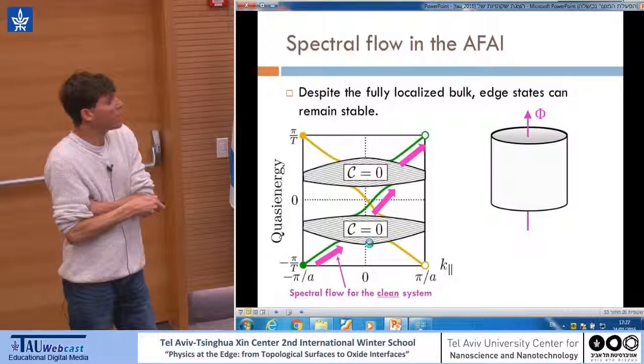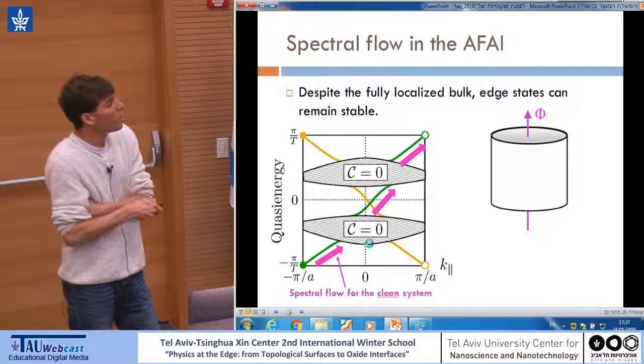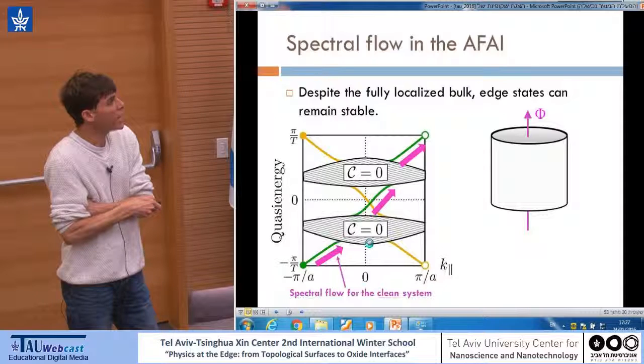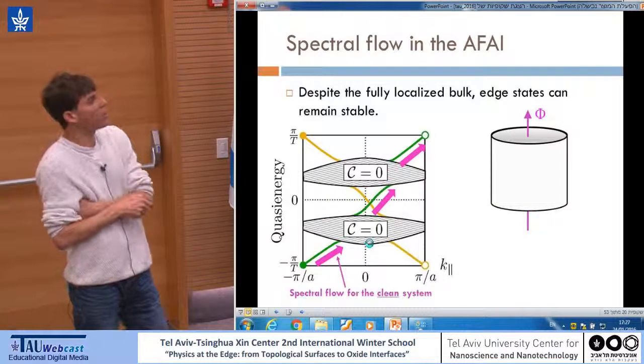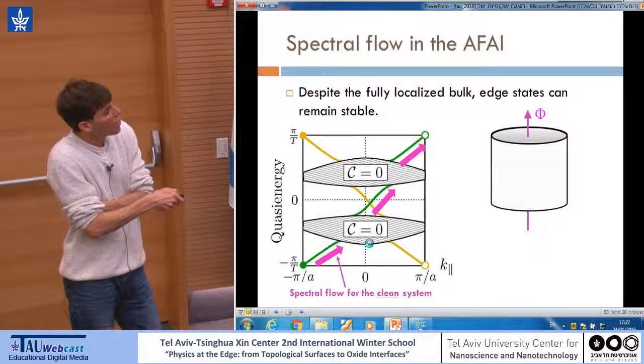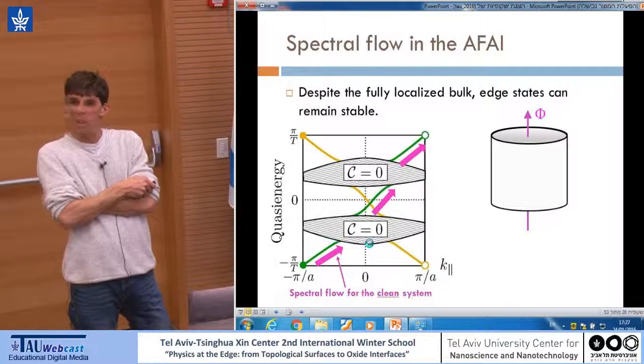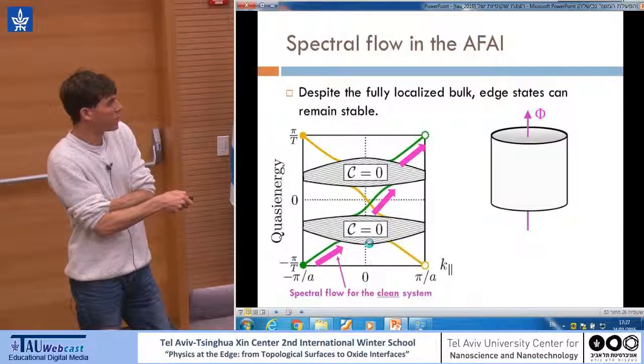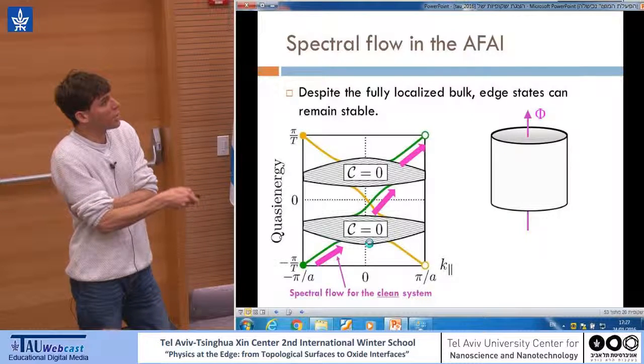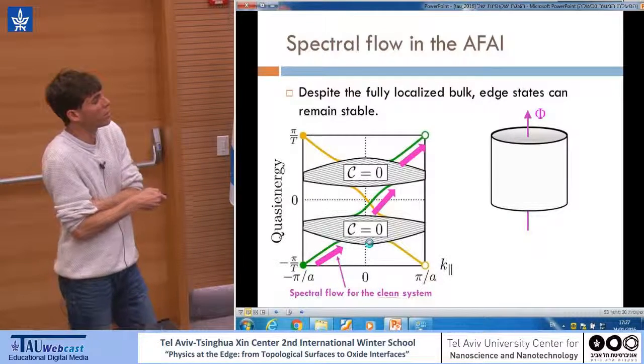The flow of the chiral edge states will be such that each chiral edge state will flow to the next chiral edge state with a larger momentum initially. So I'll have this kind of spectral flow that moves the edge states up as I increase the number of flux quanta in the cylinder.